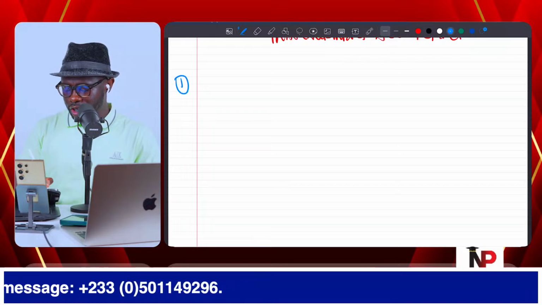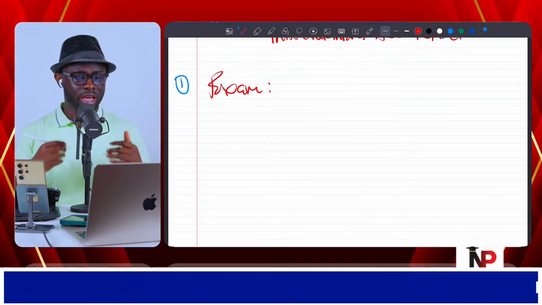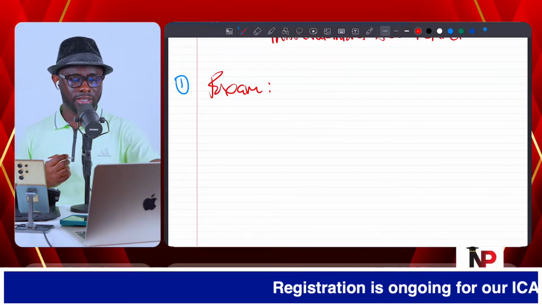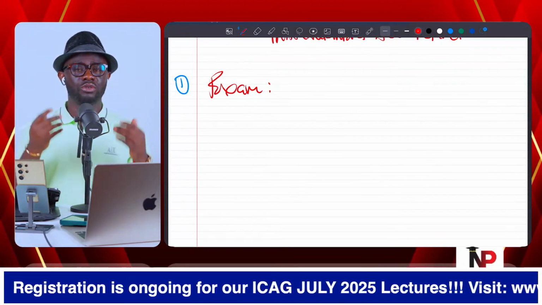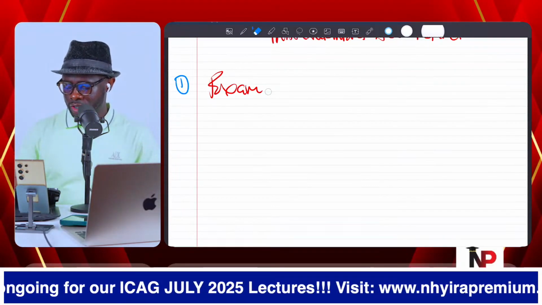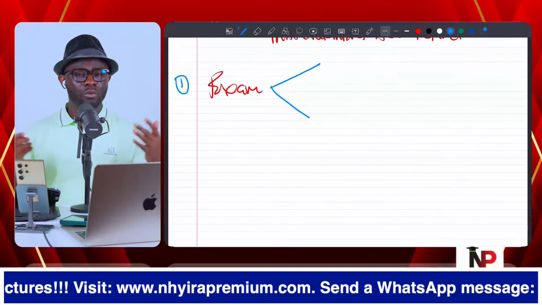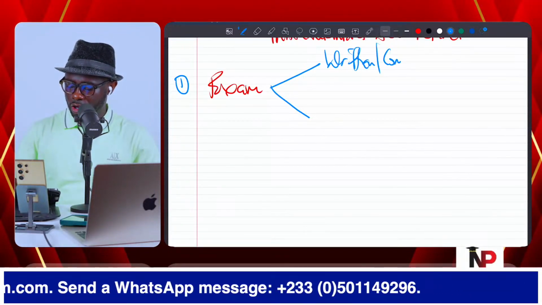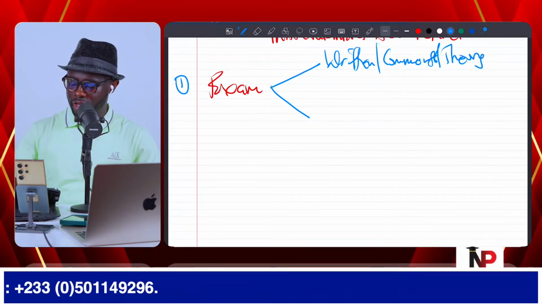The first thing we need to look at is the examination. What should we expect in the exam hall when it comes to management accounting? What is it that the examiner is going to be getting excited on when it comes to management accounting? Generally, as with other papers, we're going to be having written questions, or comments, or if you want, theory questions.